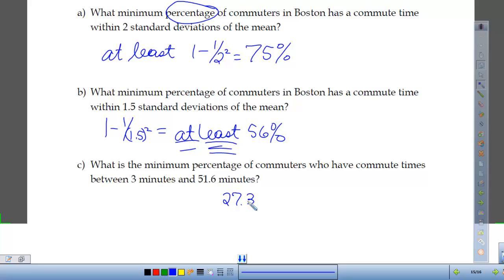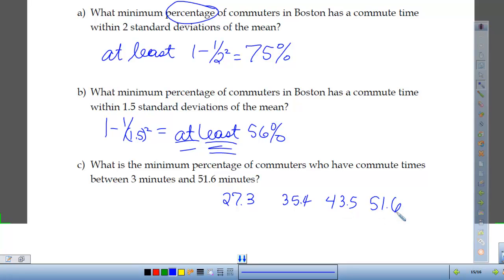So if I keep adding 8.1 to that, 27.3 plus 8.1 is 35.4, then 43.5, then 51.6. Was that my number?